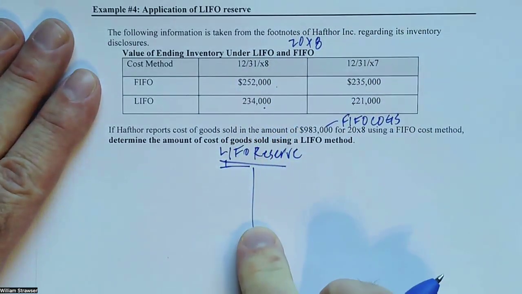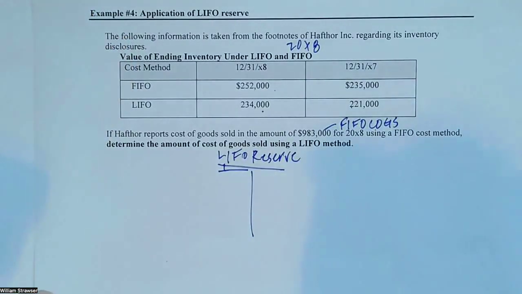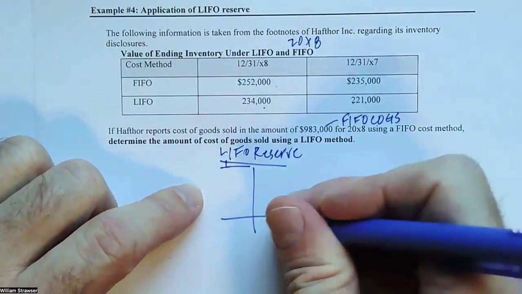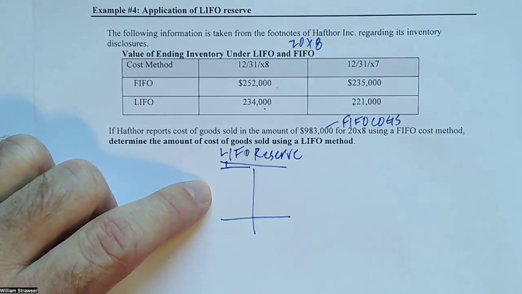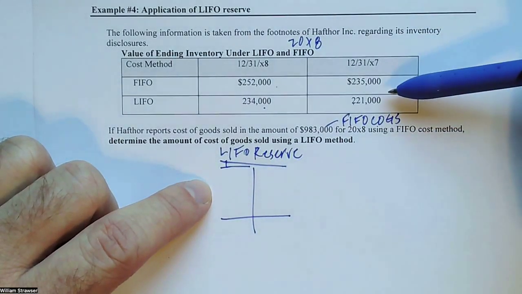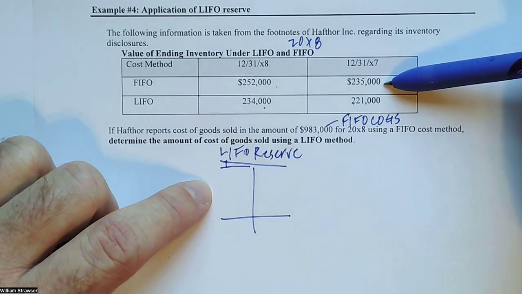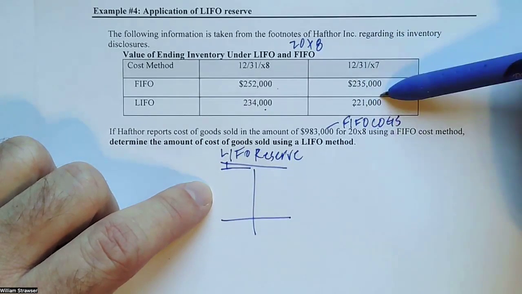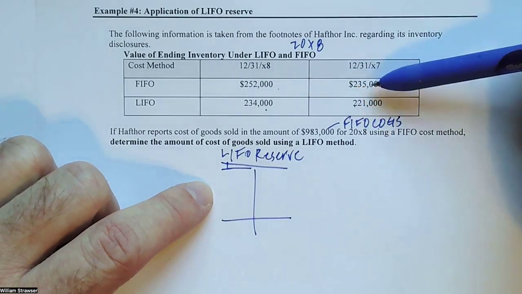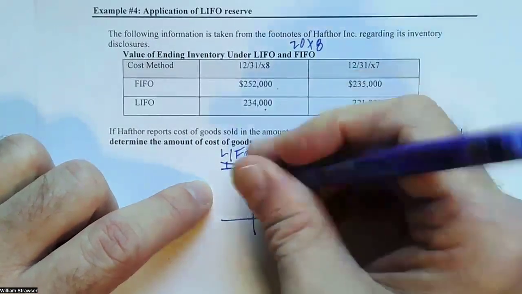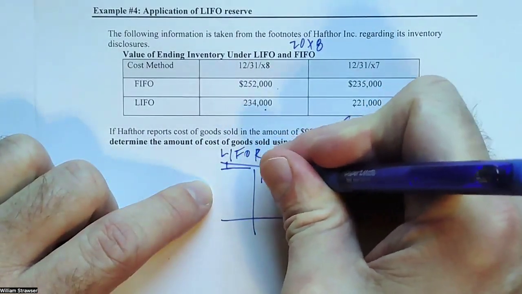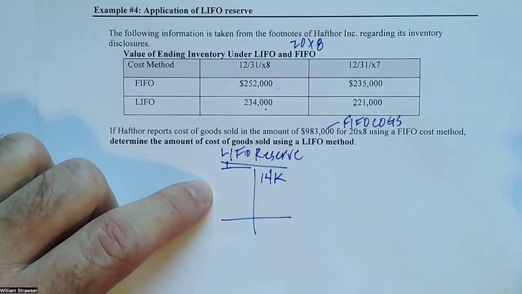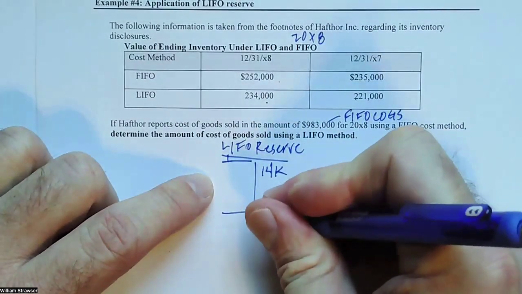We can construct this because all we need to remember is that the balances of the LIFO reserve account are just the difference in the company's recording inventory under the non-LIFO method minus the LIFO method. And so this is our beginning balance. 235 minus 221 is 14,000. And 252 less 234 is 18,000.